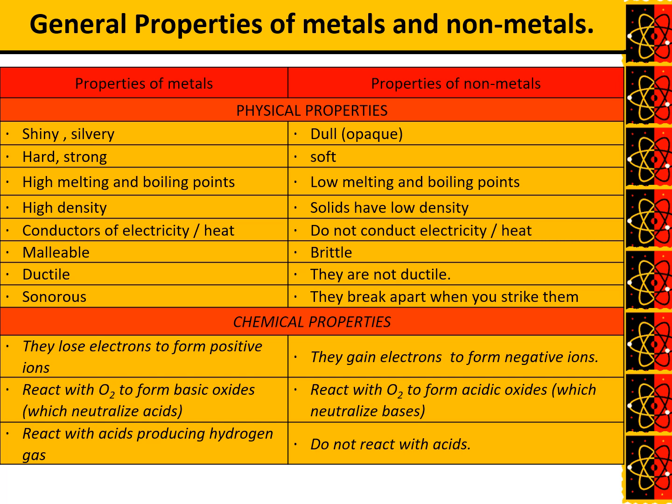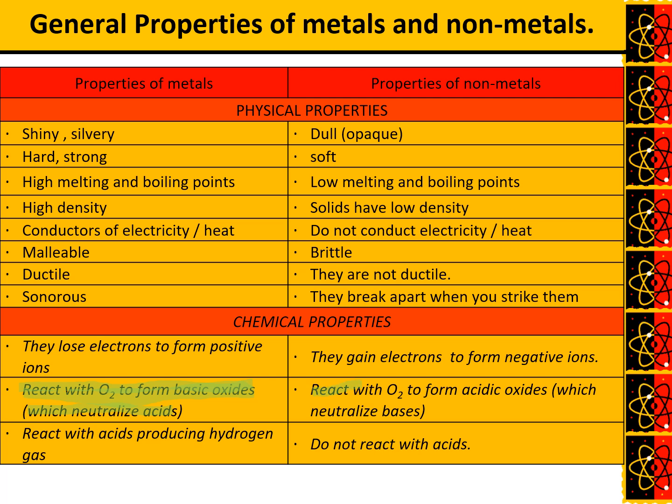This is a table that has different properties of metals and nonmetals all together, so we can remember them. Some of the reactions with oxygen form basic oxides. I didn't include those in this PowerPoint presentation, but you should know that they neutralize acids.